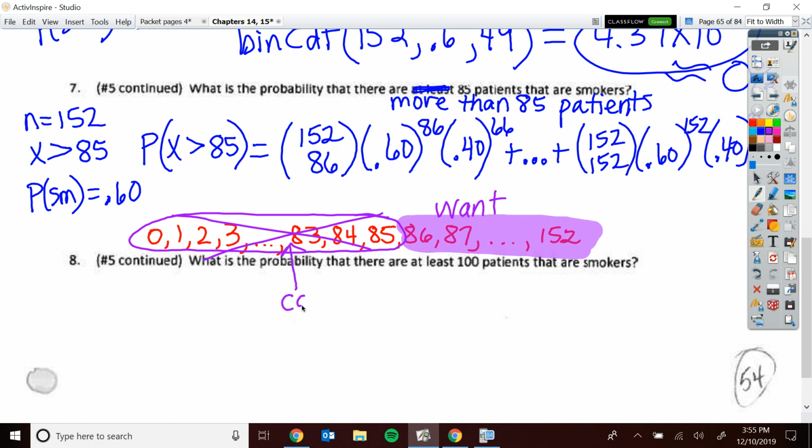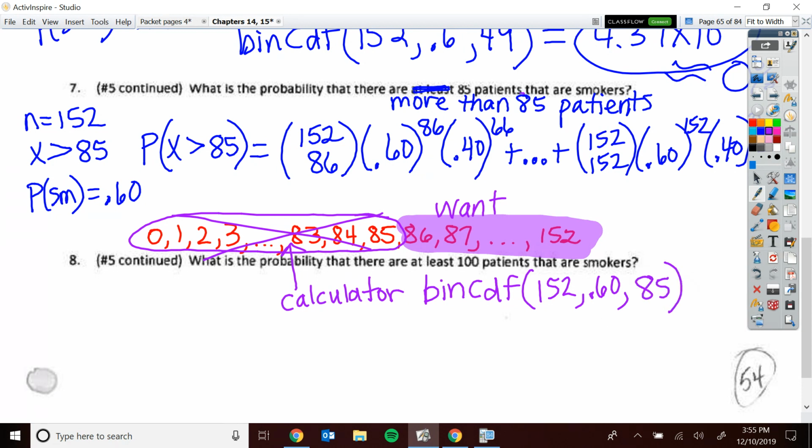So let my calculator compute binomial CDF of 152, 0.60, and I want to take off 85 and below, because I want more than 85. So if you need to know what you take off or what you don't, this little sequence is the key. Picture what you want. Take off what you don't want.